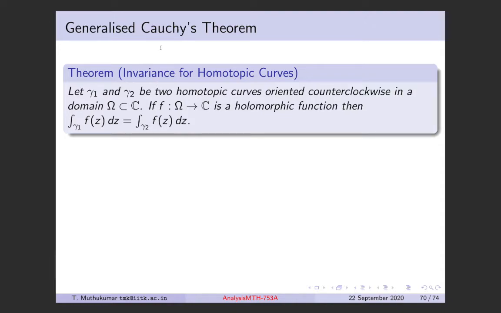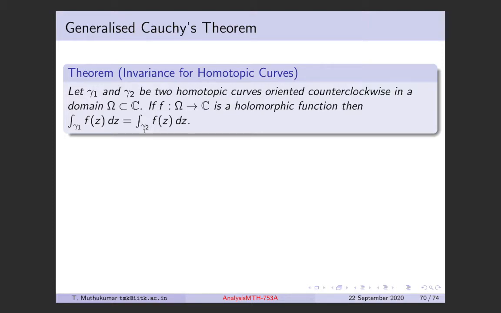It says that the integral of the function over two curves which are homotopic is the same. So if gamma 1 and gamma 2 are homotopic curves oriented counterclockwise, then the integral over gamma 1 and the integral over gamma 2 are the same.